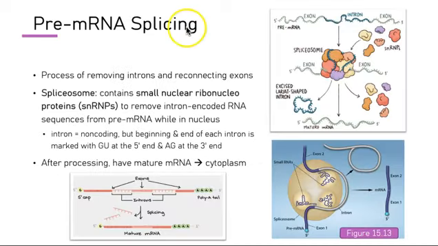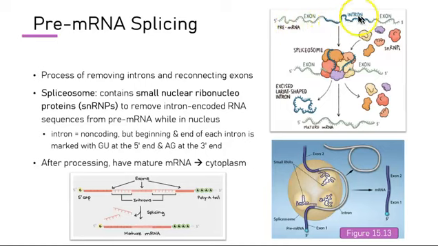So let's revisit that process of splicing that we talked about earlier. By allowing us to splice an mRNA strand, we are taking out those introns and essentially bringing the exons closer together. And this is done with a protein known as a spliceosome.